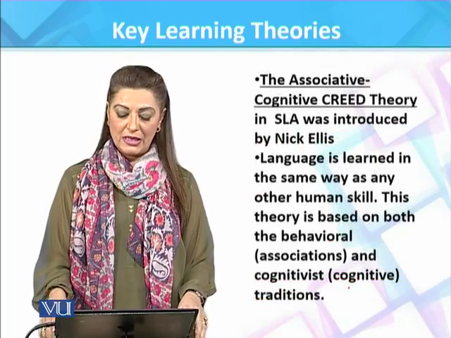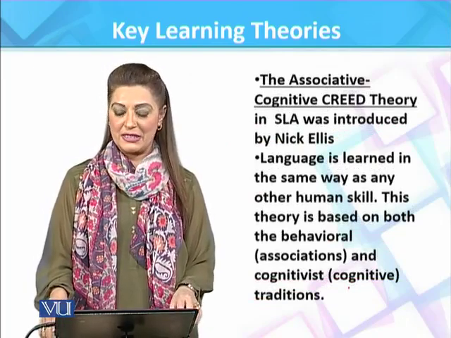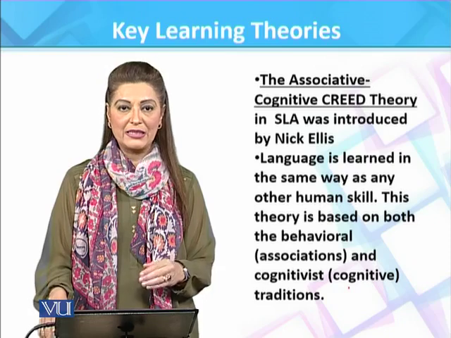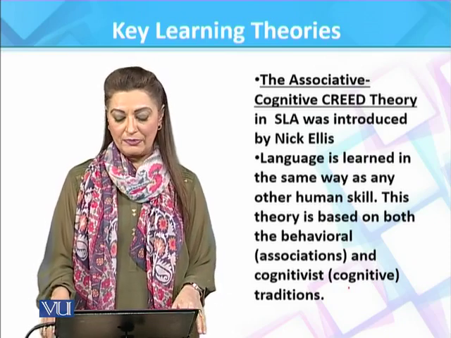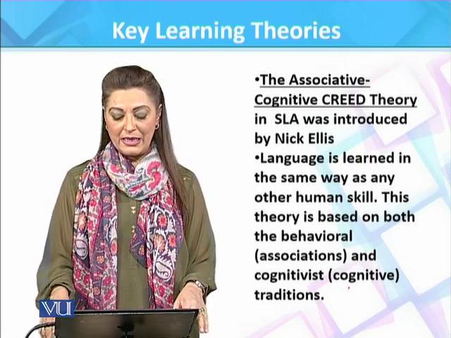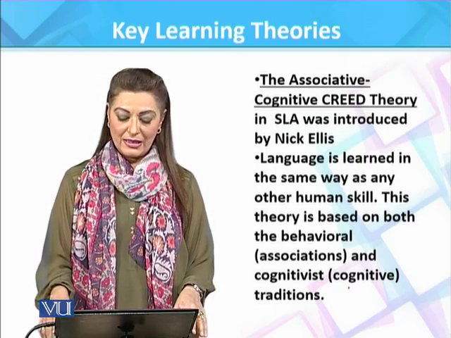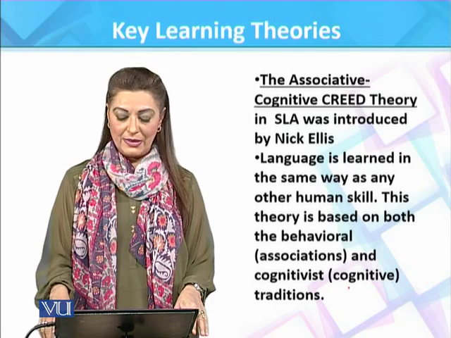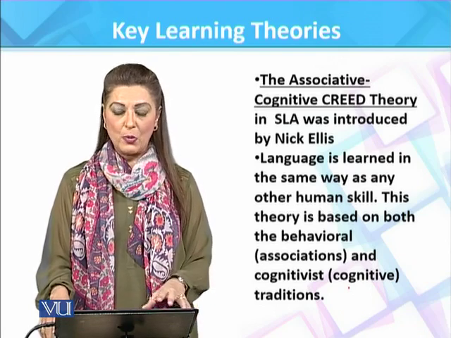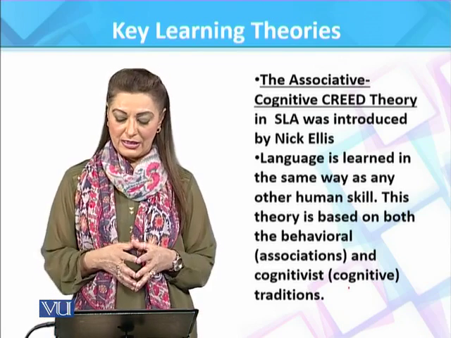Now we are going to see how the associative cognitive creed theory is different from the competition model. This theory in SLA was introduced by Nick Ellis. According to this theory, language is learned in the same way as any other human skill.